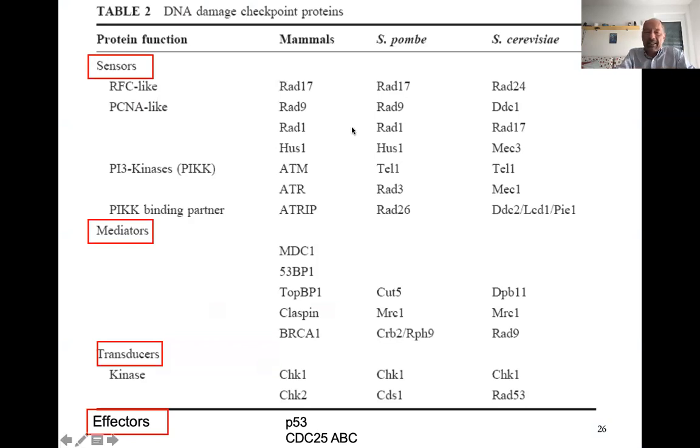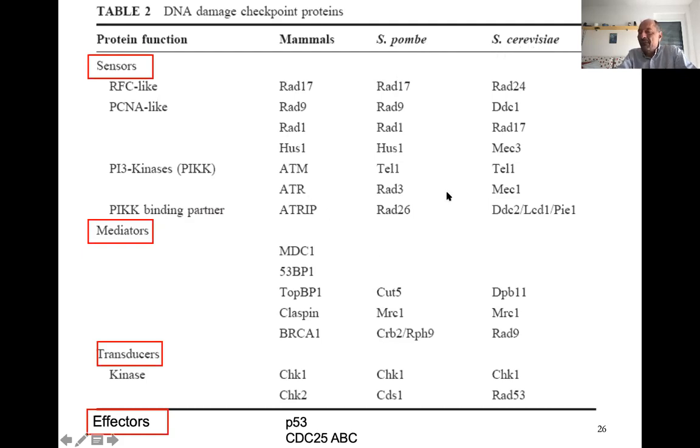And this slide, of course, I don't want you to remember these names, but it is only to show you again that these are mammalian cells, and these are two yeasts, Schizosaccharomyces pombe and Saccharomyces cerevisiae, and you see how many are similar.